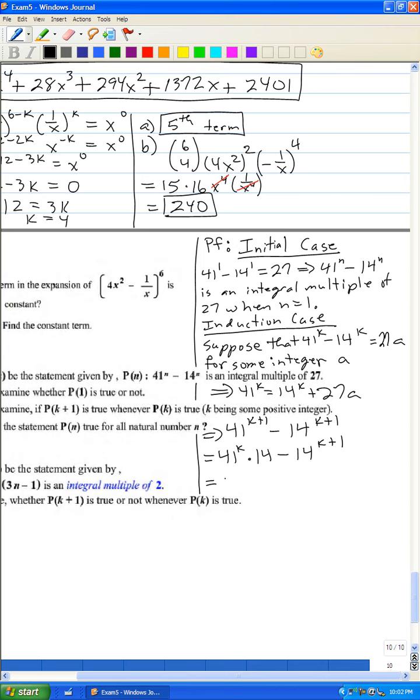Well, 41k I know is 14k plus 27a. So this is equal to 14k plus 1 plus 27 times 14a minus 14k plus 1.